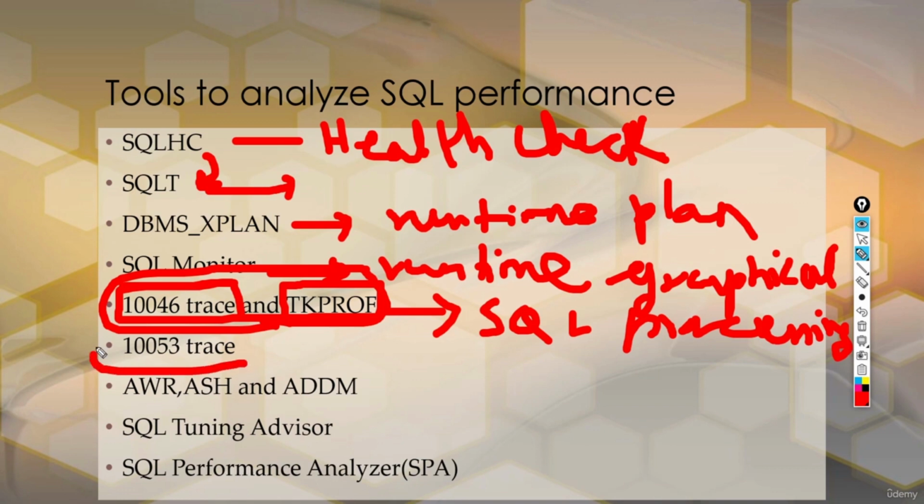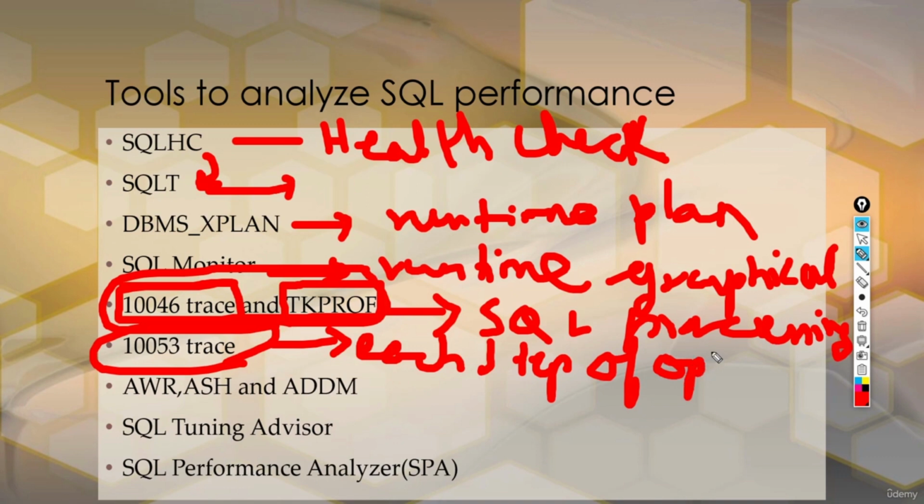Okay, and the 10053 trace. This provides each and every step of the optimizer. It shows how the optimizer chose a particular plan.